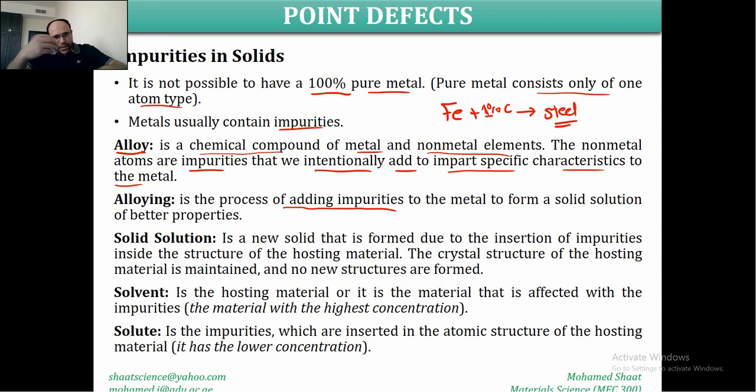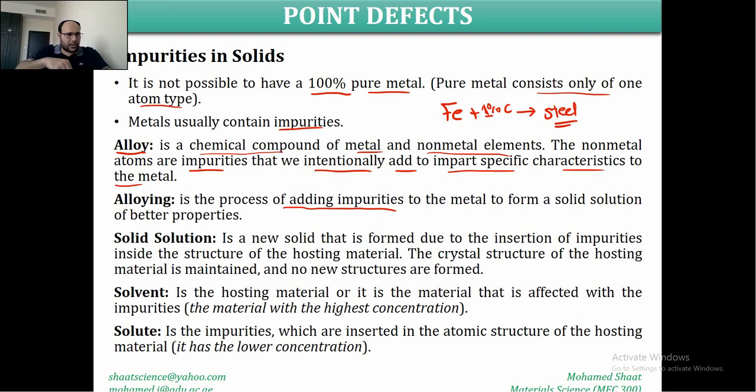For example, how can we make steel? In steelmaking, we bring the Fe, the iron, and melt it completely. Then we add these impurities to it while it is in the liquid state. Then we leave it and solidify it to end up with steel.